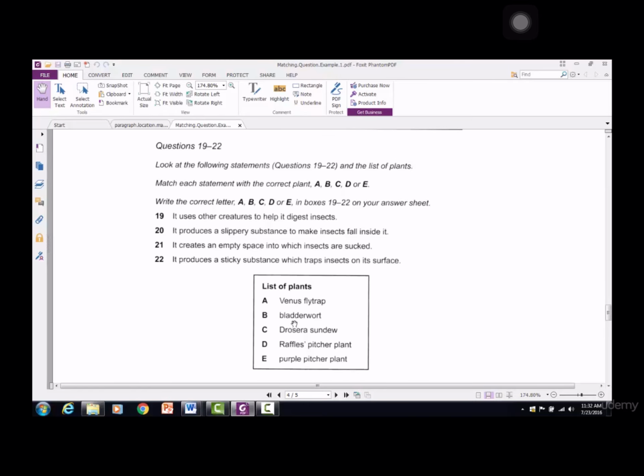Sometimes I've seen this on some of the older tests where they have it reversed, where the words in the box are actually the questions. Like number 19 would say Venus flytrap, number 20 would say bladderwort, and number 21 would say Drosera sundew. And then they have the sentences inside the box.